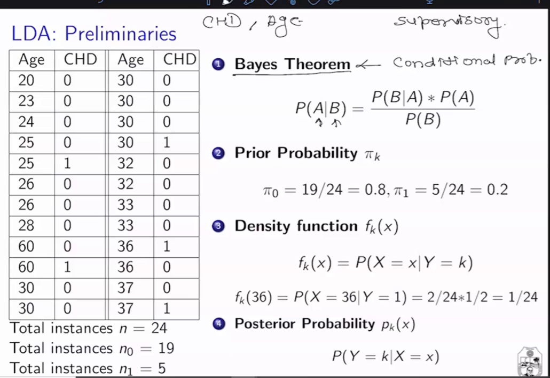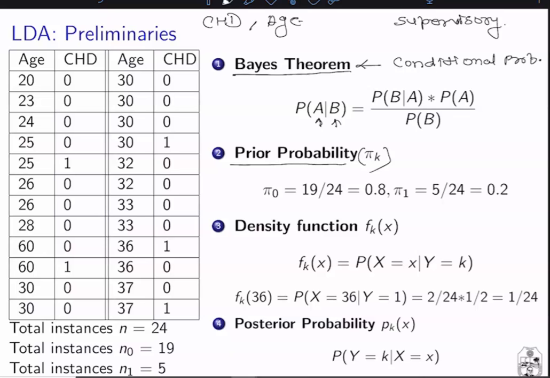Another concept that we are going to use from probability theory is the prior probability. In a classification situation, the prior probability is denoted by the symbol pi k, where k indexes the classification labels used to classify the observations.